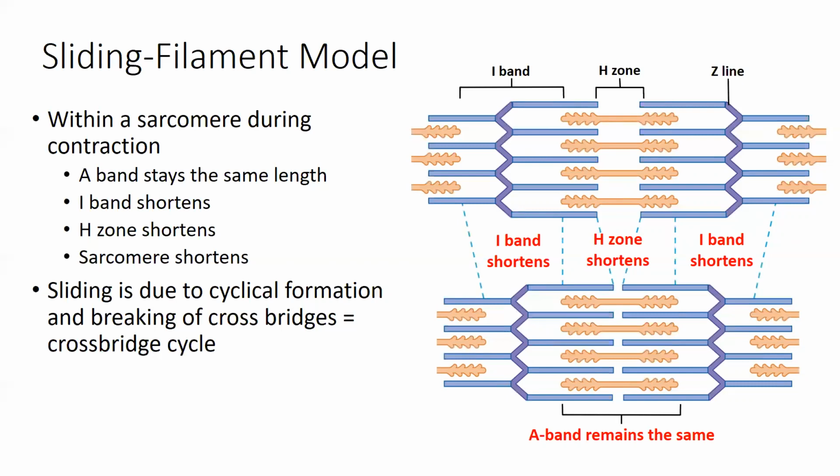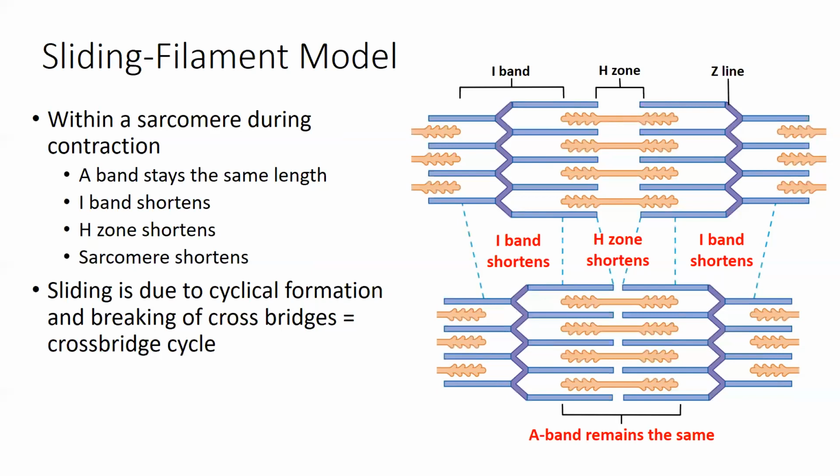Now, what is not going to shorten is the A band. The A band is going to remain the same. Why? When we look at the sliding, myosin is sliding that way under actin. Actin is being dragged, and as a result, the movement in both directions cancels out.